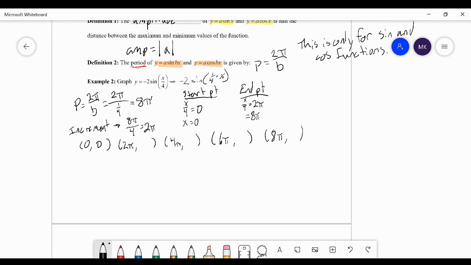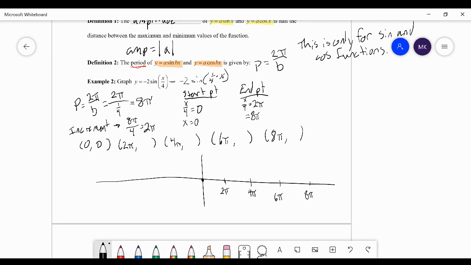Okay, so I'm going to get a graph going. So now we have 0, 0, 2 pi, 4 pi, 6 pi, 8 pi.